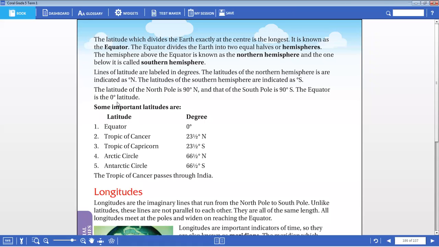We just call it 0-degree latitude. Note a point, children: the equator is also called 0-degree latitude.